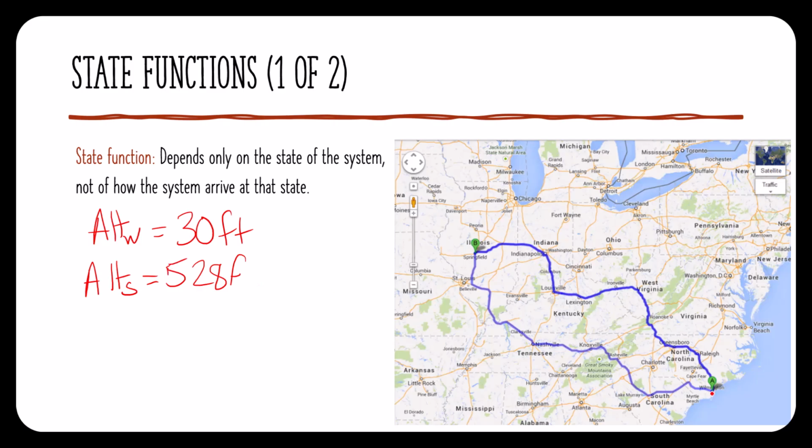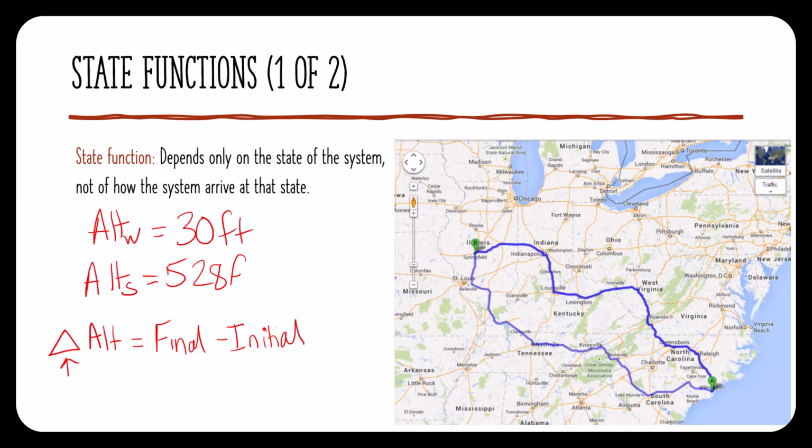If I want to know how my altitude changed going from Wilmington to Springfield, I would look at the change in altitude. This triangle is the symbol we use to denote change. When I see this triangle, I read change in altitude. And the change in anything is always final minus initial.